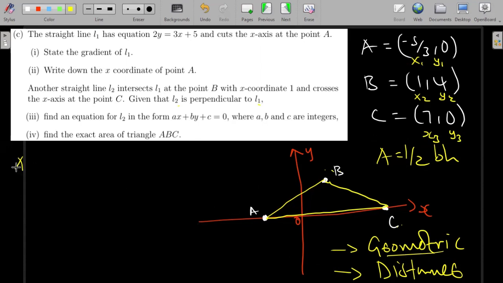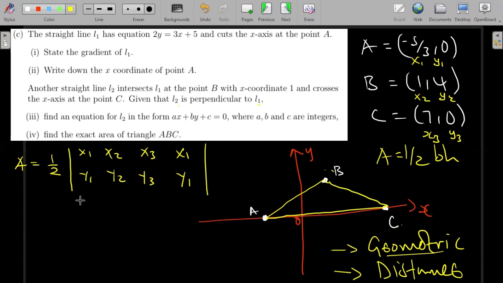We're going to say the area is equal to, and I'm actually going to derive the formula that you should use. You're going to say half, then modulus of, you write your x1, y1, and then x2, y2, x3, y3, and then at the end you write the one that you started with, which is x1, y1.